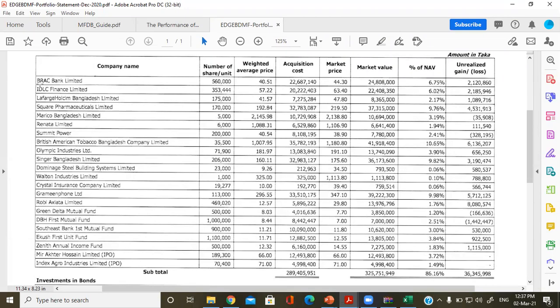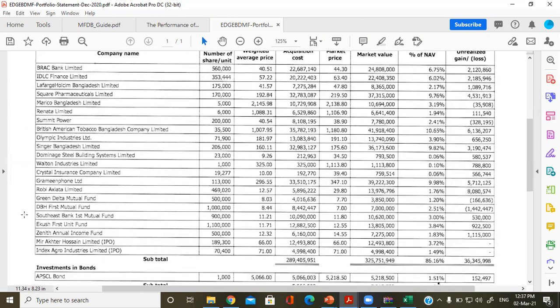these are some stocks out of its portfolio, up to this Robi Axiata Limited. You see from my screen, from Bank to Robi Axiata, all these are stocks which are expected to have inclusion in the DSEX. They are included in the DSEX.